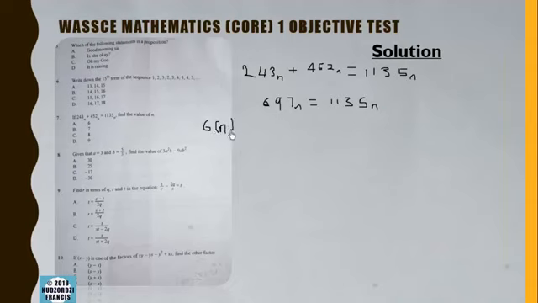So we have 6 times n squared plus 9 times n to the power 1, then plus 5 times n to the power 0 is equal to 1 times n cubed, then we have 1 plus 1 times n squared, then plus 3 times n to the power 1, then plus 5 times n to the power 0.